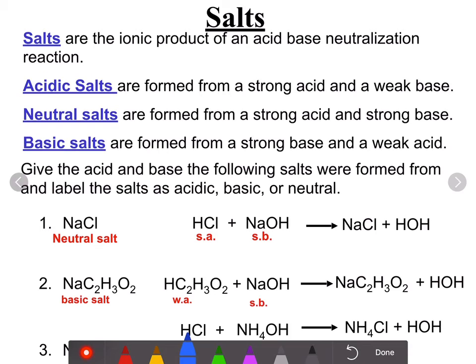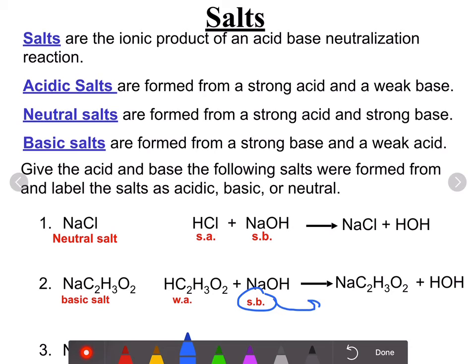Another way I like to think of it is a strong base creates a basic salt. So SB equals BS. Strong base equals a basic salt. Strong acid equals an acidic salt.